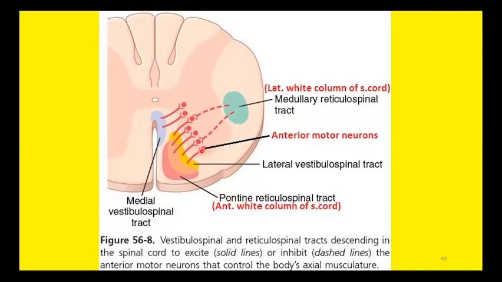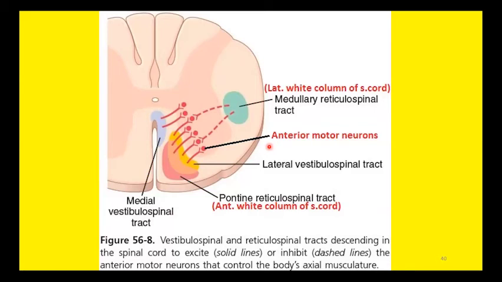So remember that the site of termination is the same for both, although the pontine reticulospinal tract enters the anterior white column, and the medullary reticulospinal tract enters the lateral white column. But both these pathways make the synapse for the final termination at the level of anterior horn cells, in which we have anterior motor neurons.